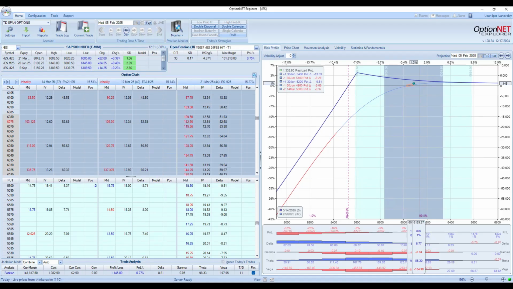And if I really had to do something, then you know what? I would probably roll the naked puts down and out, and I would probably sell something way, way, way far out in time to compensate for that roll, assuming the market isn't going to zero, right?